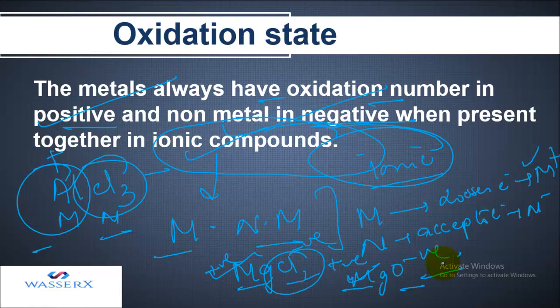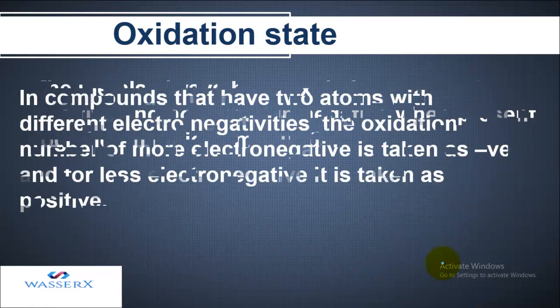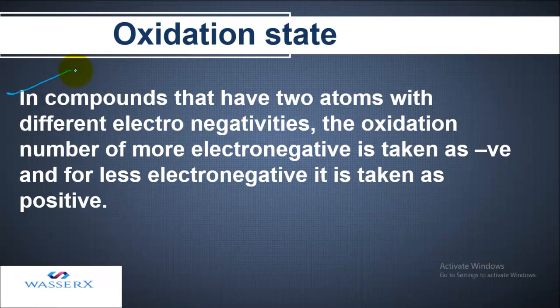Let's look for more rules. Another rule is, if you have a compound that has two atoms, but those atoms possess different electronegativities. Let's take an example. If I have two atoms, they are bonded together to form a compound, but their electronegativity is different. Let's say X is less electronegative, right?